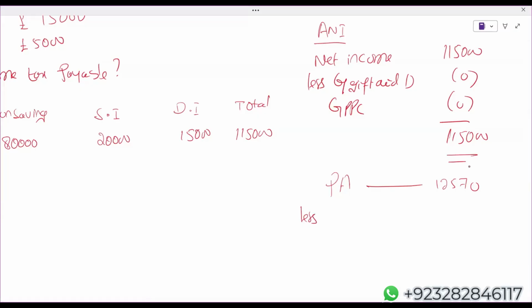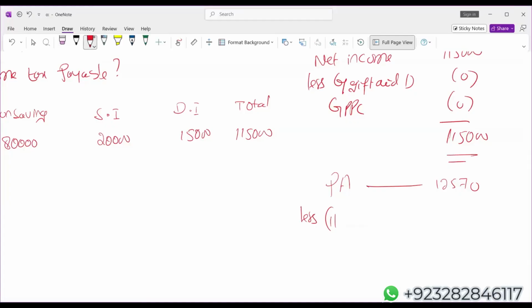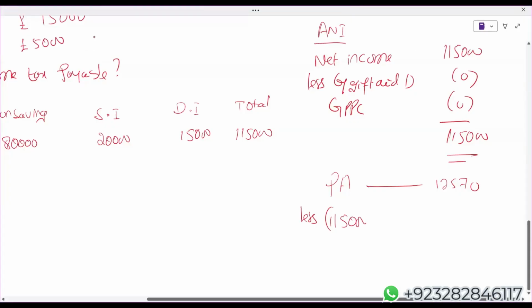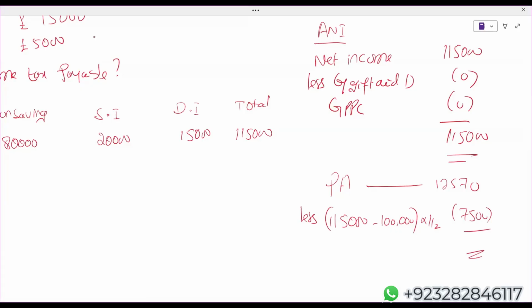Simply less 1,15,000 minus, just a minute, minus 1 lakh, 7,500. 12,570 minus 7,500. I'm getting 5,070.